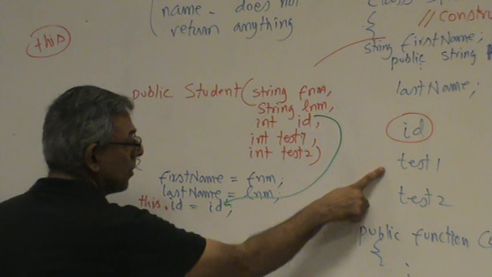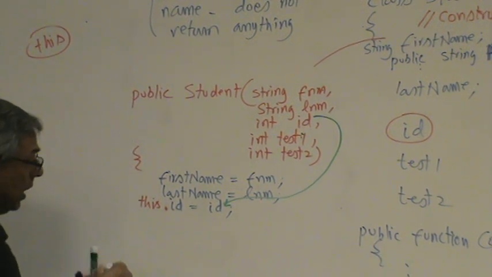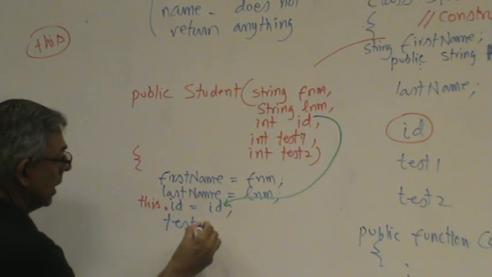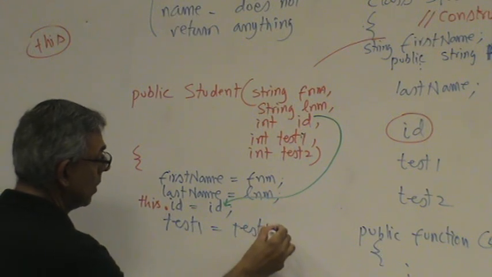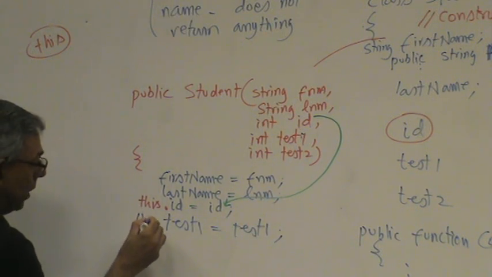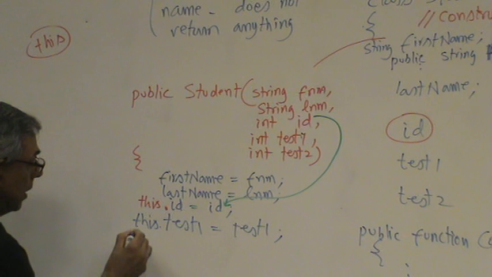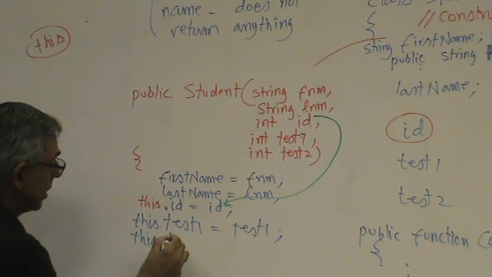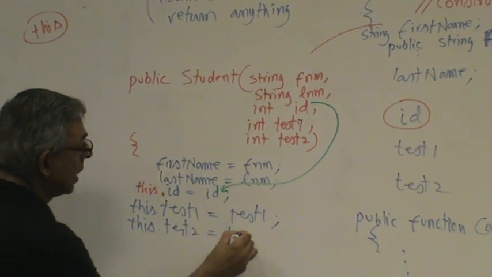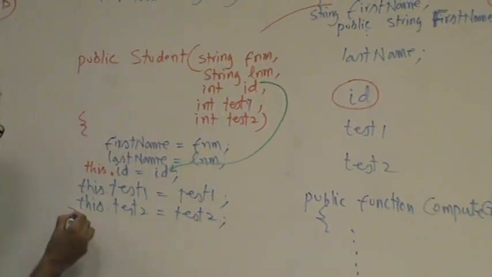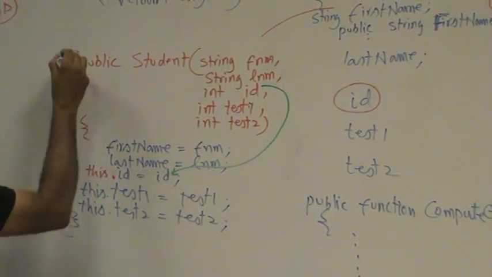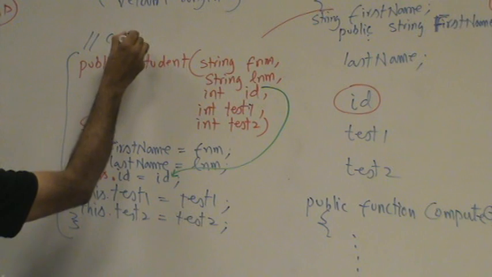So let's go to the next one. Should I say over here, test1 equal to test1? This is just test one. So again, the better way will be this dot test1, right? This dot test2 equal to test2. Okay, so anyway, this is what we call a constructor.